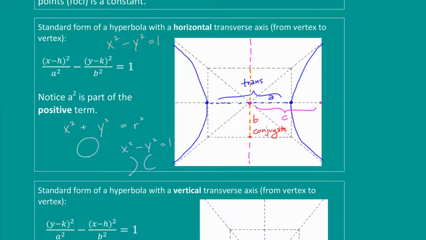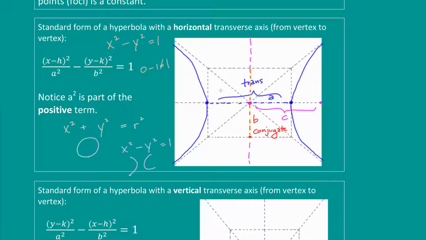Well, no matter what value I plug in for y here, y squared will always be positive. So there's no way that my x could ever be 0, because 0 minus a positive number will never give me a 1. So this x squared can never be 0, which means that x can never be 0.